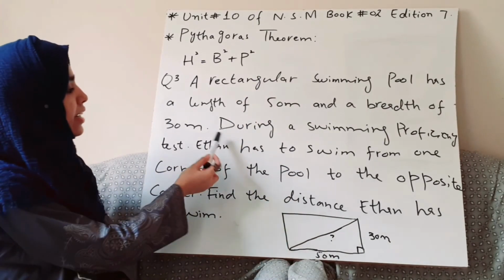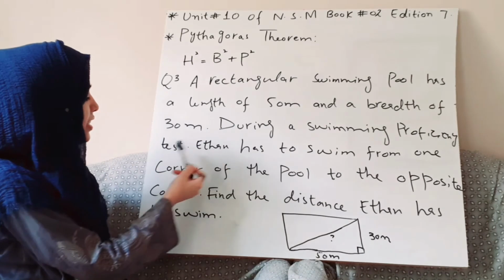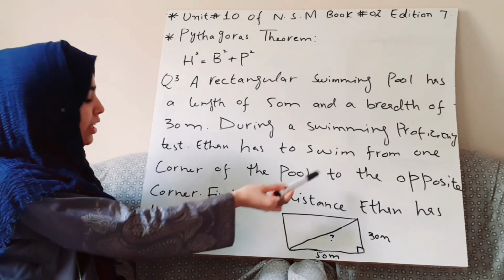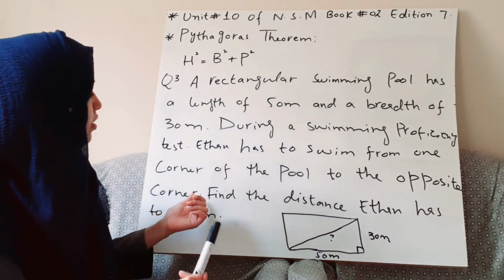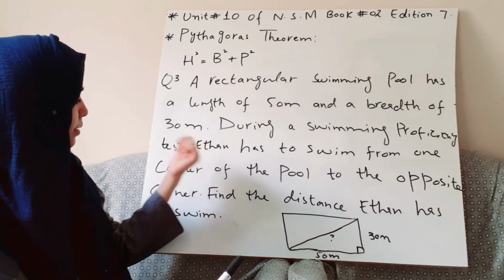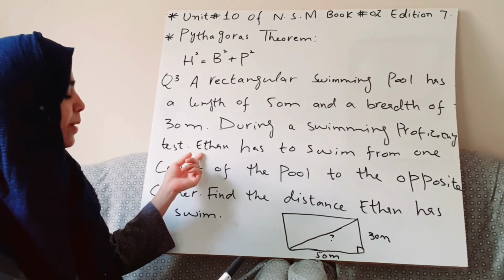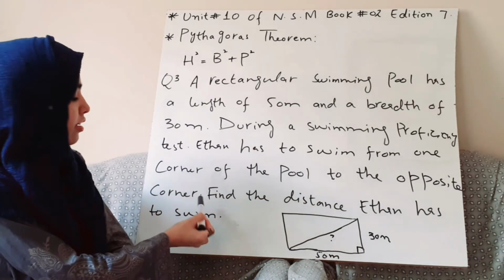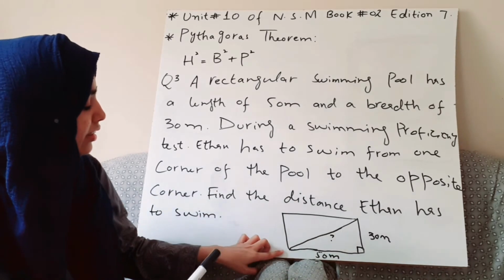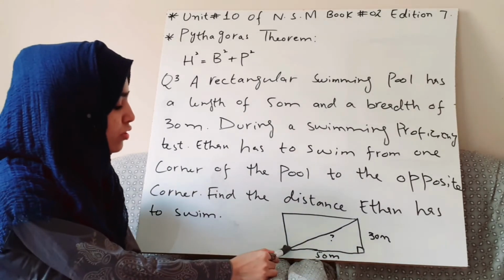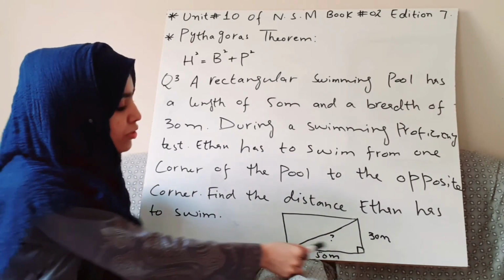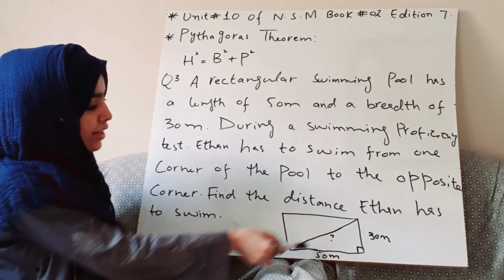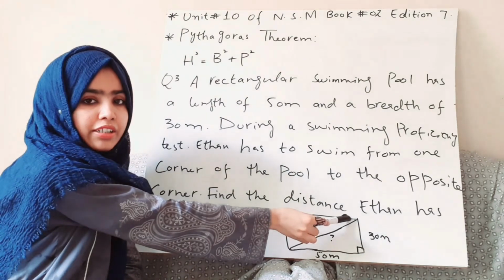Now what they are saying: during a swimming proficiency test, Ethan has to swim from one corner of the pool to the opposite corner. They are not saying from one corner to another corner; they are saying from one corner to the opposite corner of this rectangular swimming pool.